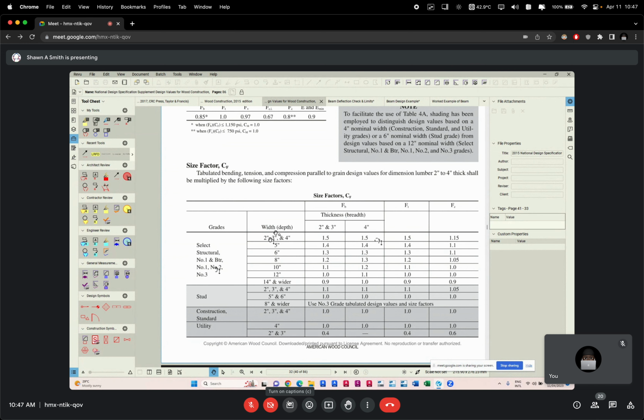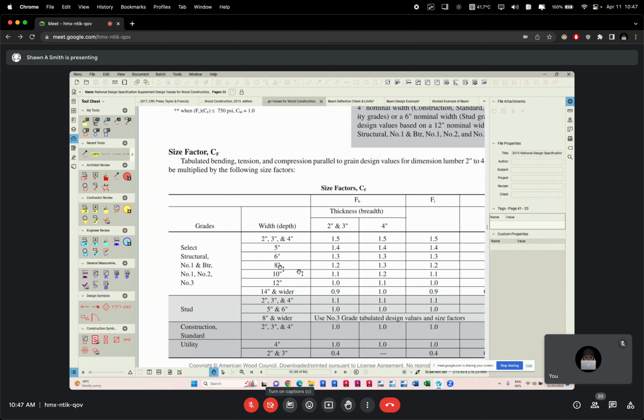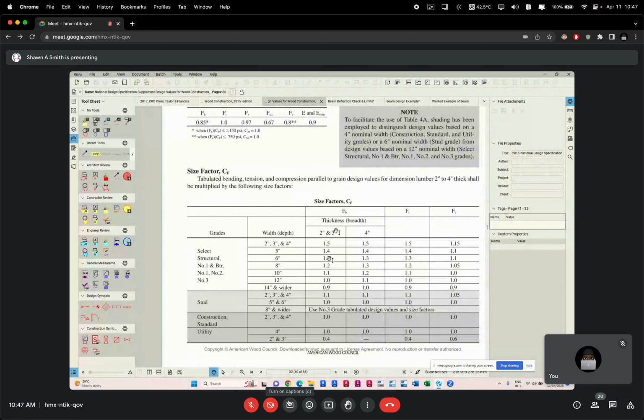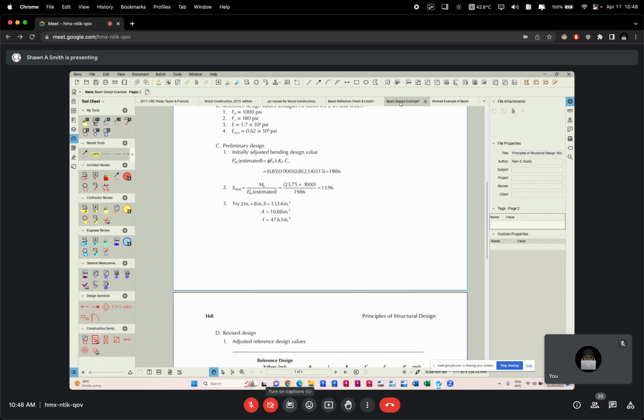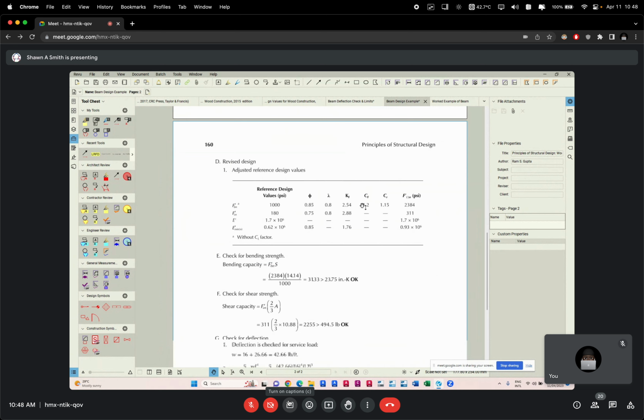This is the width. We're in the 8 inch, and we're under the 2 inch column. So we're doing for bending, and this is thickness. We're in the 2 inch and 3 inch. We're also 2 inch. We're in this column, and our width we have chosen 8 inches. Right. So 8 inches and 2 inches, and that is pointing to a CF value of 1.2. Let's see what they have. They have a CF value of 1.2.